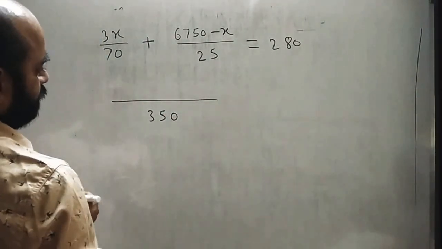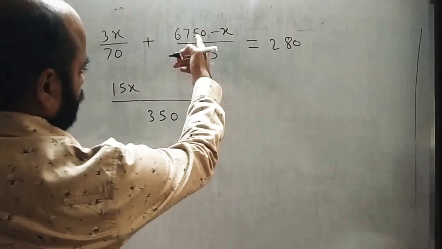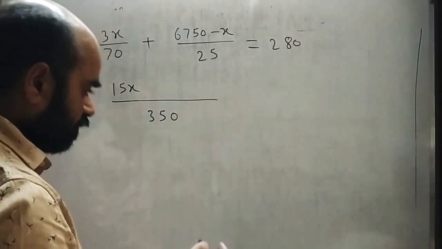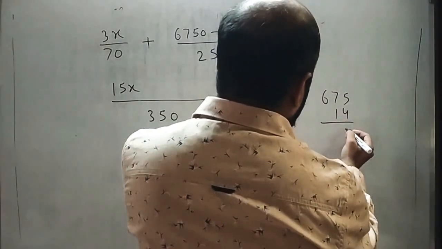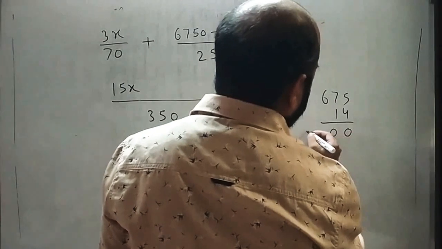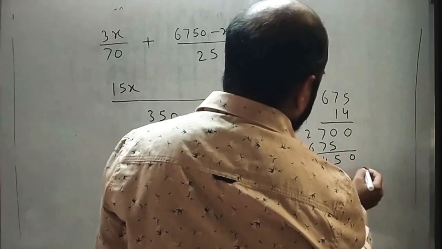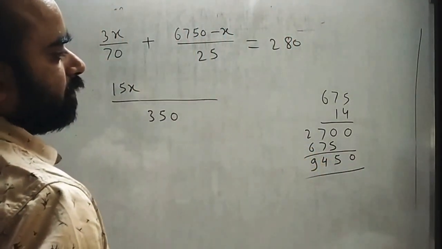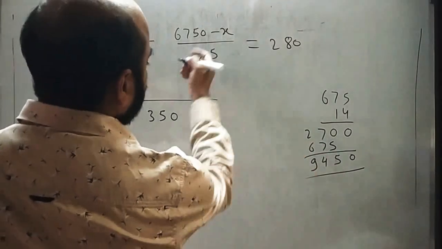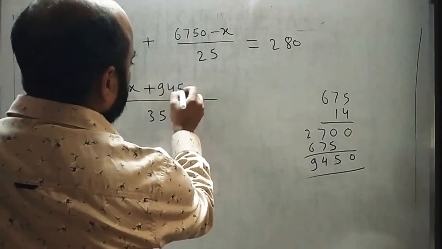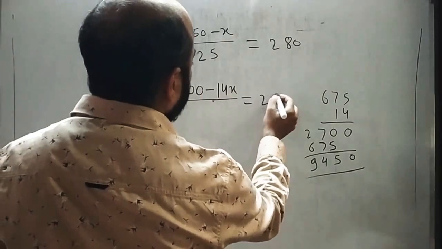Now divide, that will give 5, so that will come 15x. This will come 14. So 14 into 6750 multiply, what will come? Correct. So 945, one more 0. So 94500 minus 14x is equal to 280.